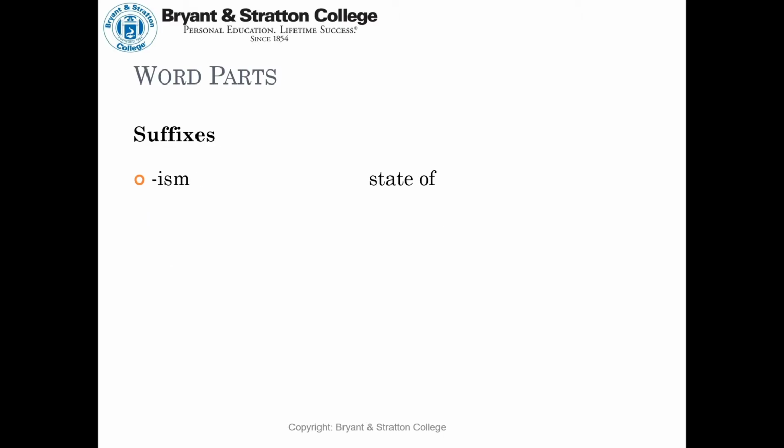What we have for a suffix is ism, which simply means state of. So we go through here. Acromegaly is a condition where the adrenal gland, or not the adrenal gland, I'm sorry, the pituitary gland is releasing excess growth hormone.